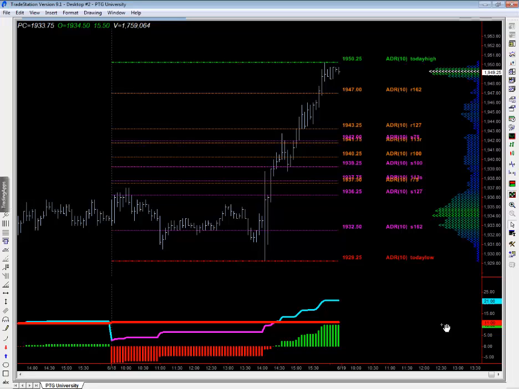So 1929.25 plus 11, and 100% of the average daily range would target the 1940 quarter. So simply, taking the 10-day average daily range and adding it from the low, 100% of it brings us up to 1940 quarter.